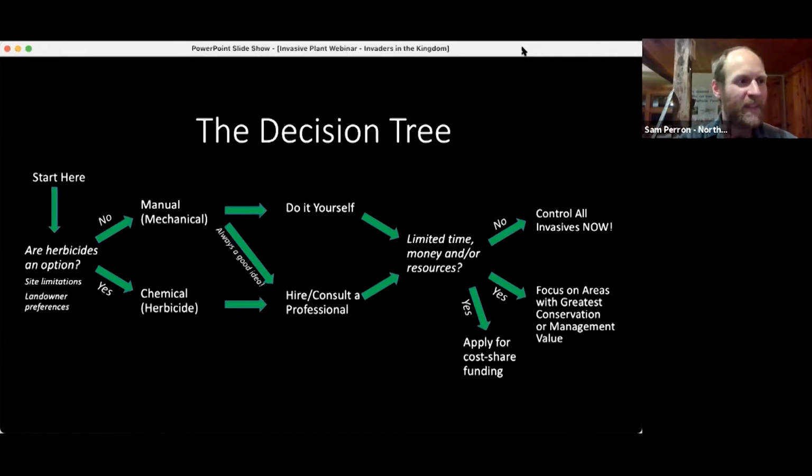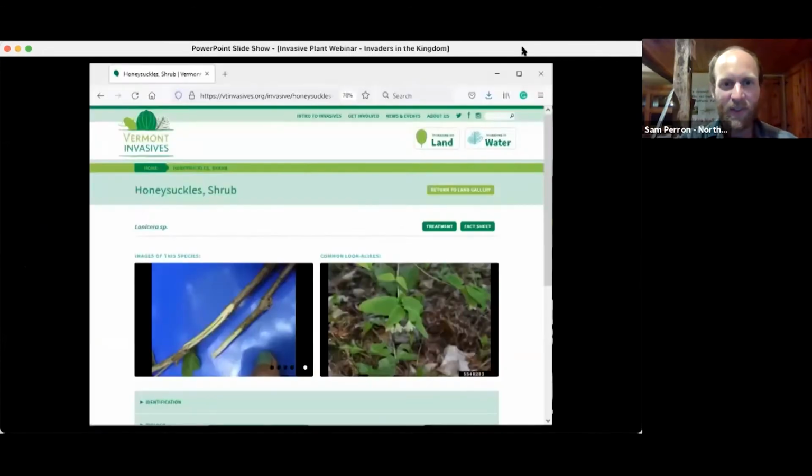I'm going to move on to one more tool, which you've heard about before, and this is VT Invasives. This is a great website, and again, definitely encourage you to visit this website. What I'd like to point out here specifically is if you navigate your way to the plant that you're trying to deal with, and you get to that page, there's going to be a lot of information there.